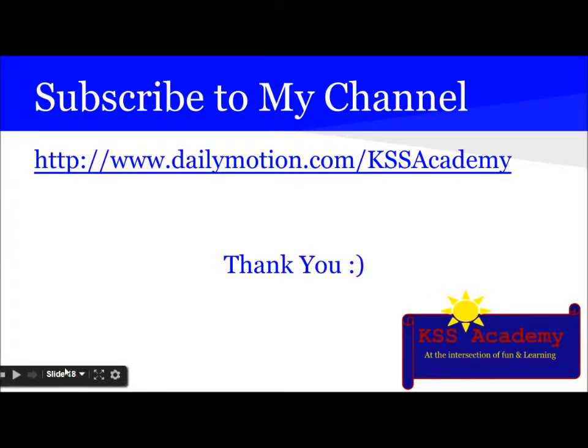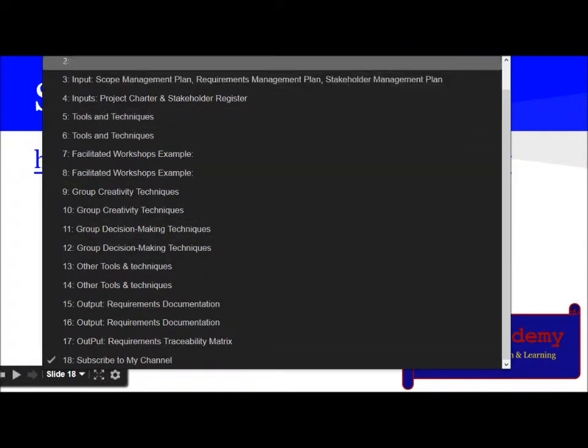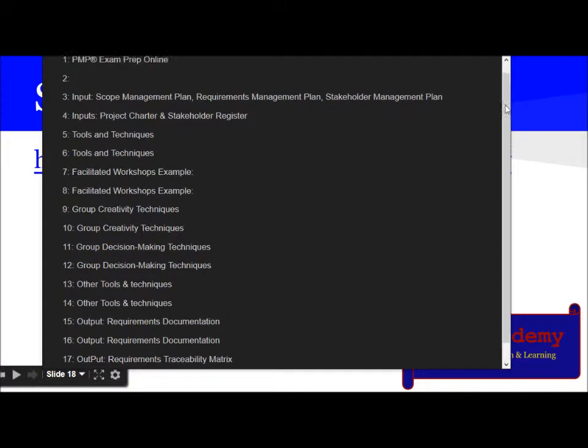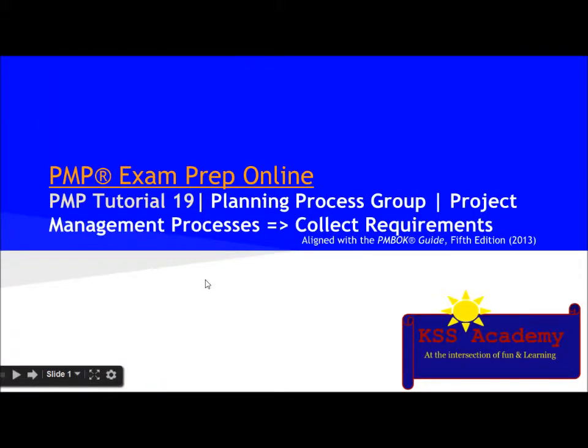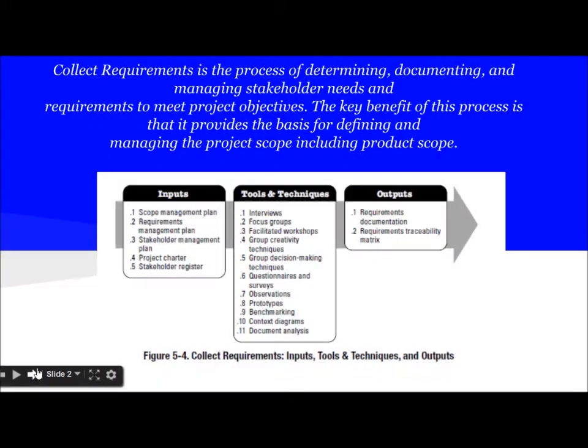So guys, I hope you got some idea on the collect requirements process. Let's revise it. The inputs for collect requirements were the scope management plan, requirements management plan, stakeholder management plan, project charter, and stakeholder register.